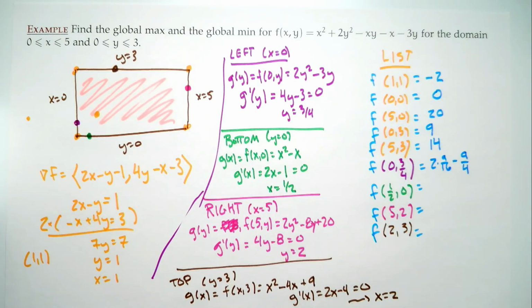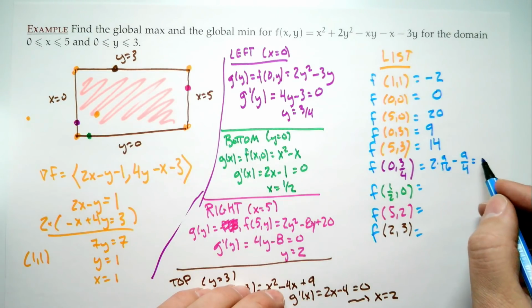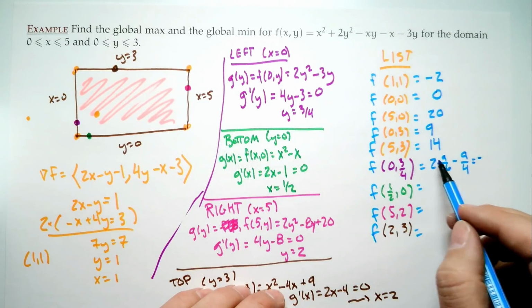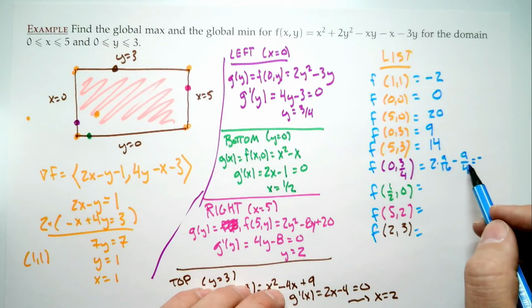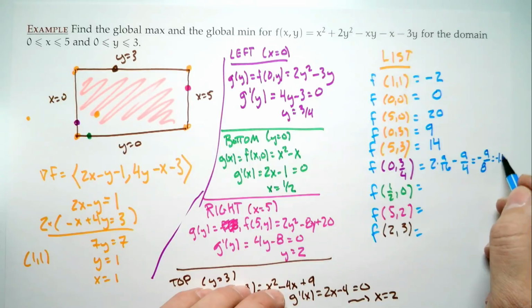Well, at this point, we're sort of like, yes, that is a number. You can do a little bit better. I mean, it's 9/8 minus 18/8. So this is, if you work it out, this is actually negative 9 over 8, which of course is negative 1.125.